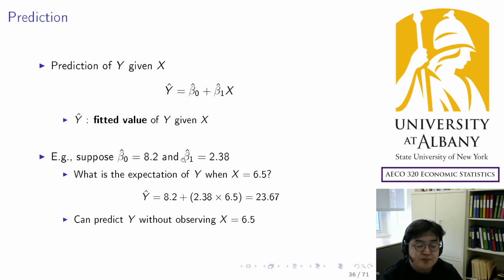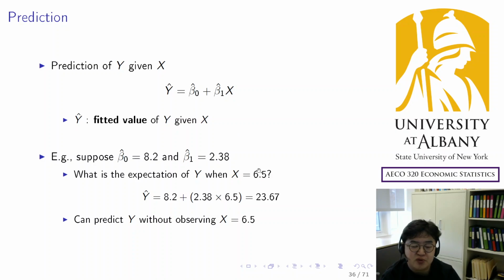For example, in the marginal cost, fixed cost example, to simplify the numbers, suppose that the fixed cost is 8.2 and the marginal cost is 2.38. Then I would like to estimate the total cost when I produce 6.5 units. 6.5 units has never been observed in our data, but that is not a problem mathematically, because we just plug that in here.